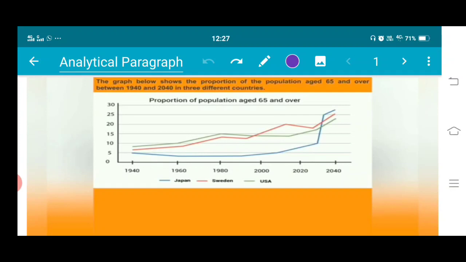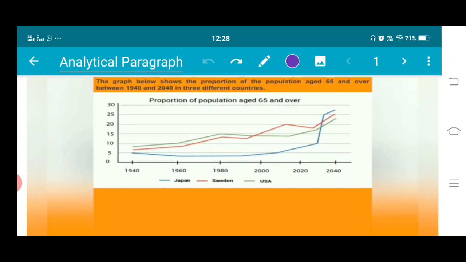The graph below shows the proportion of the population aged 65 and over between 1940 and 2040 in different countries, and the countries given are Japan, Sweden, and the USA. The blue line is for Japan, the red line is for Sweden, and the green line is for the USA.